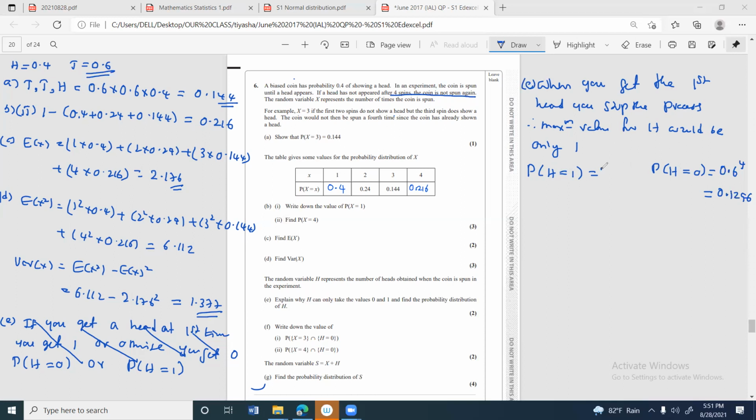Therefore, this value is 1 minus 0.1296, which is much easier than drawing a long tree diagram, because the experiment mentions only 2 outcomes. If 0 is this value, 1 should be 1 minus this answer. So this answer should be 0.8704. That's the fact we need to understand with this question.